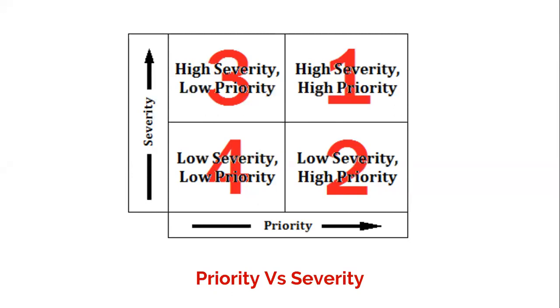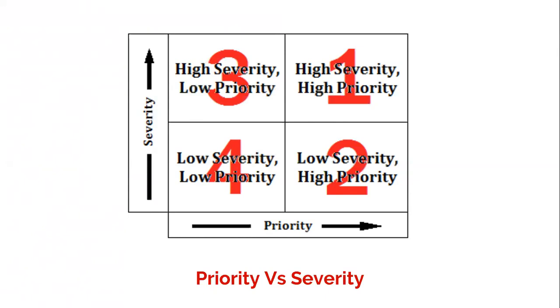Then comes the low severity and high priority. So in this type, there is no other way to go around for the functionality, but it will not affect the business. So from a banking point of view, deleting or removing the beneficiary account functionality is not working. As this feature is critical from a banking perspective, but it will not block the user from doing other jobs, it can be termed as a low severity and high priority defect.